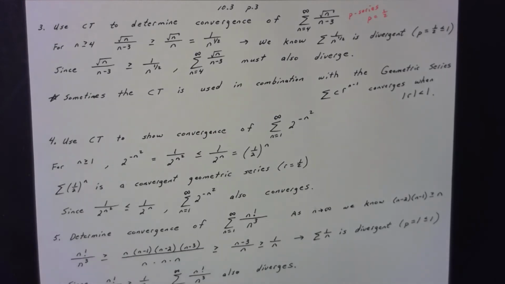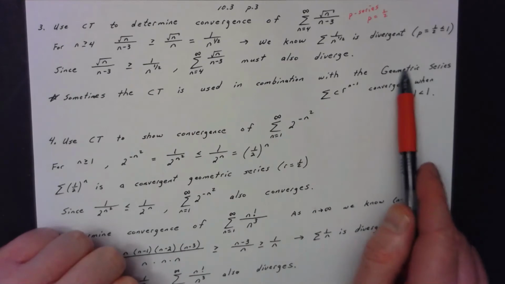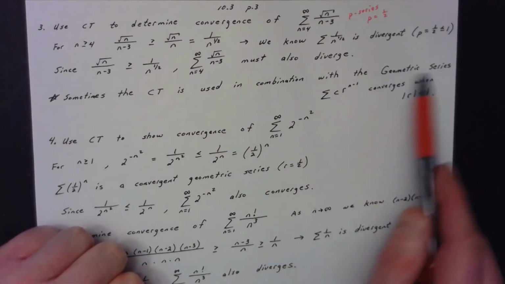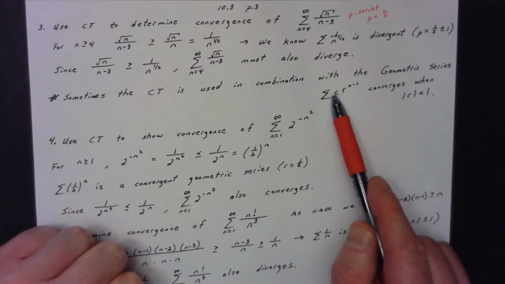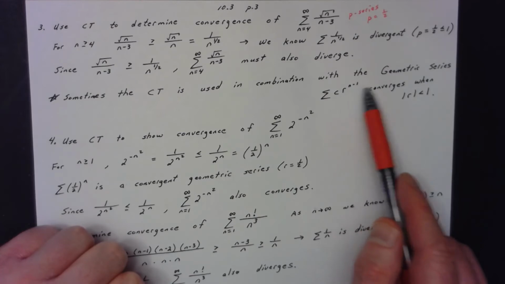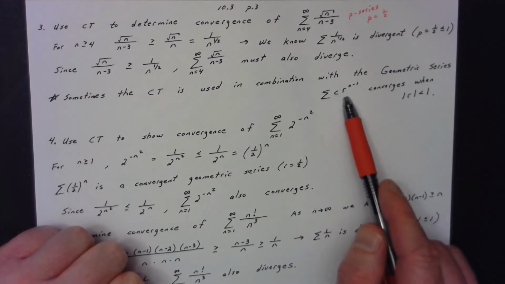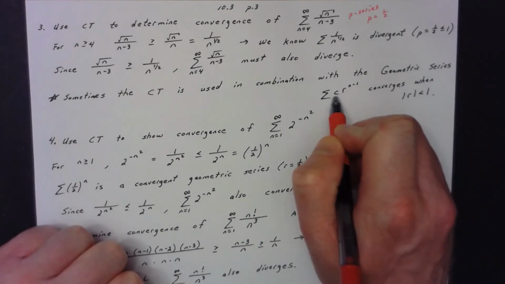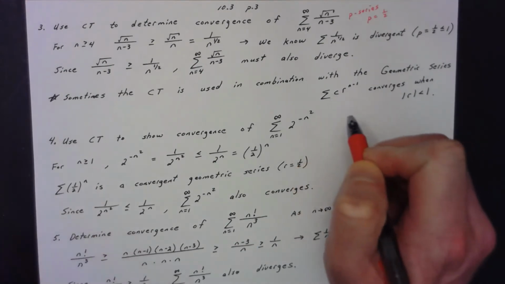The comparison test isn't always done in conjunction with the p-series, though it is normally. Another case, you could do the comparison test in combination with a geometric series. Let me remind you about the geometric series. It's when you have some constant times a common ratio that's going to continually be multiplied in that function after the first term. So the constant really becomes irrelevant as far as the convergence or divergence.